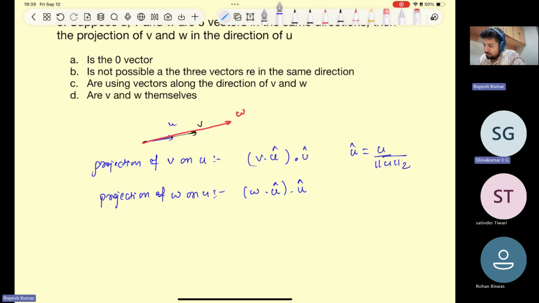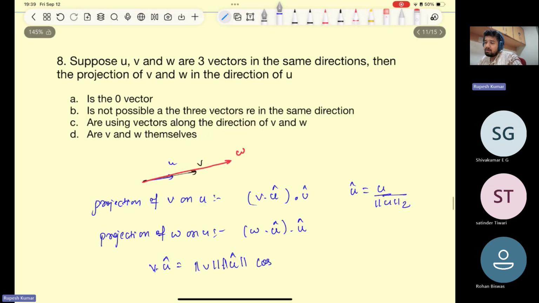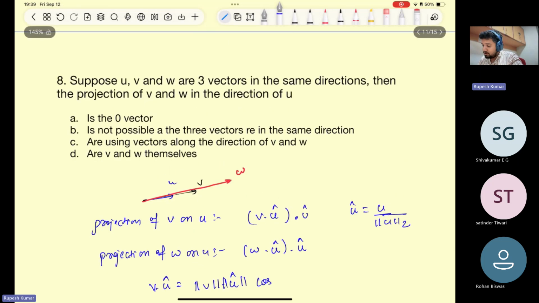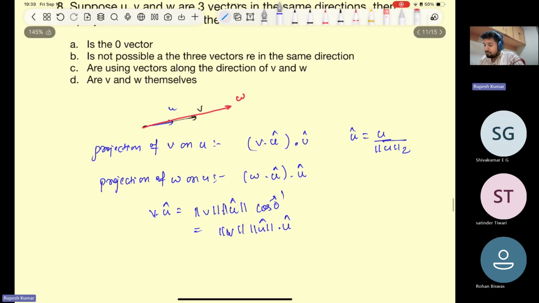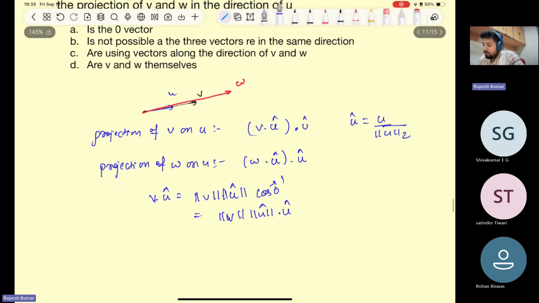It's a very simple thing to see. V dot u cap is essentially norm of v into norm of u cap into cosine of the angle between them, and all three are in the same direction. So cosine of 0 is 1.